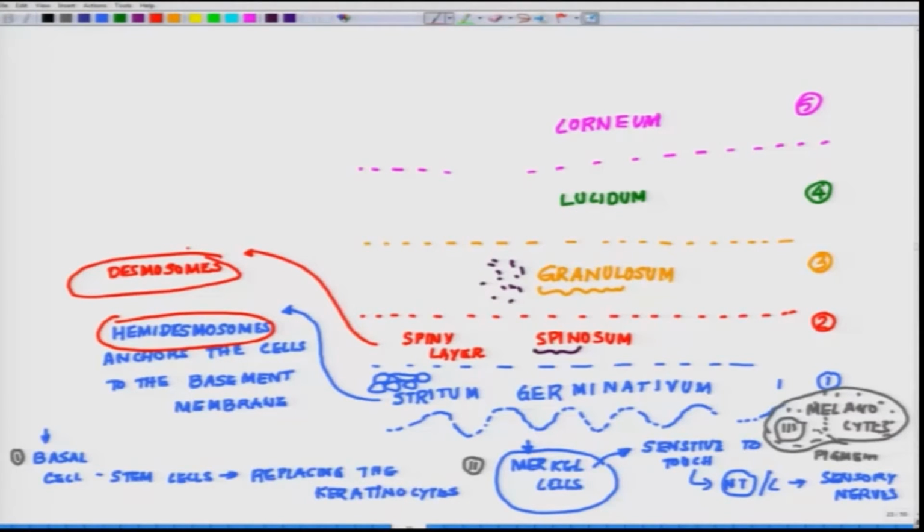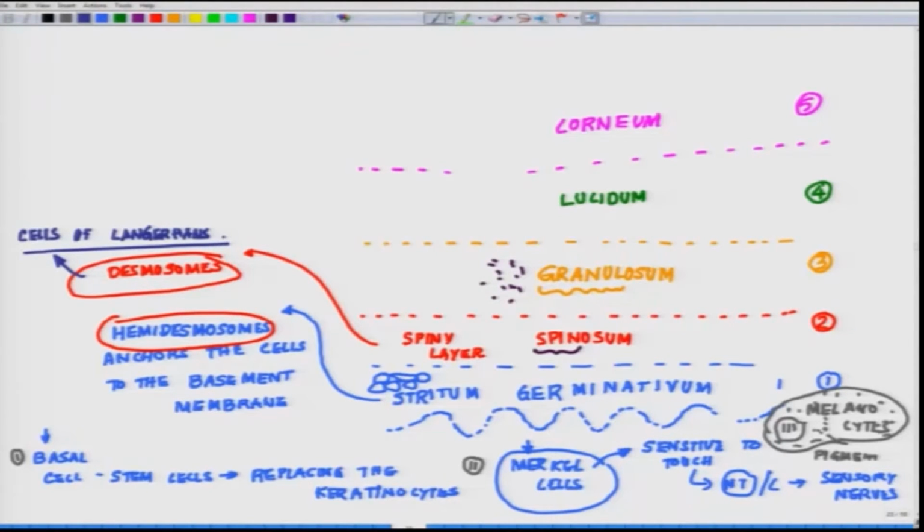And these cells contain a unique cell type which is called cells of Langerhans, and this will come later in the digestive system, we will talk about.